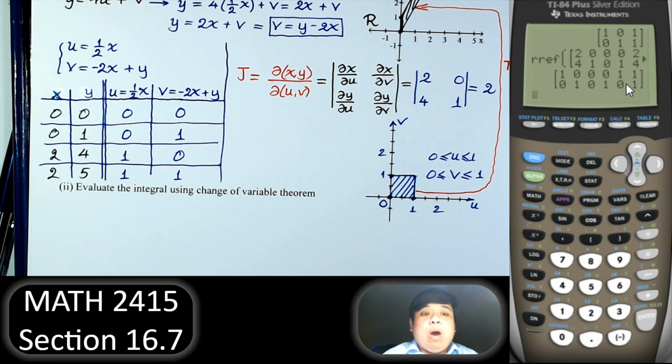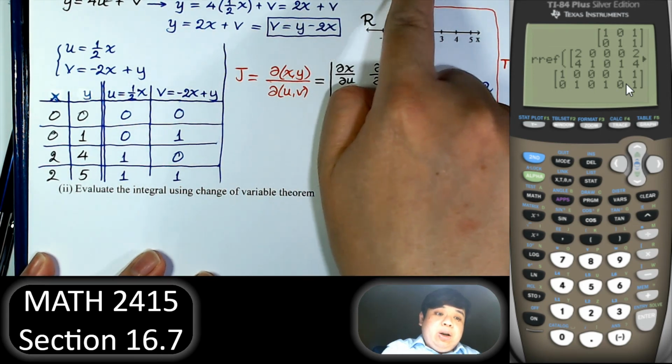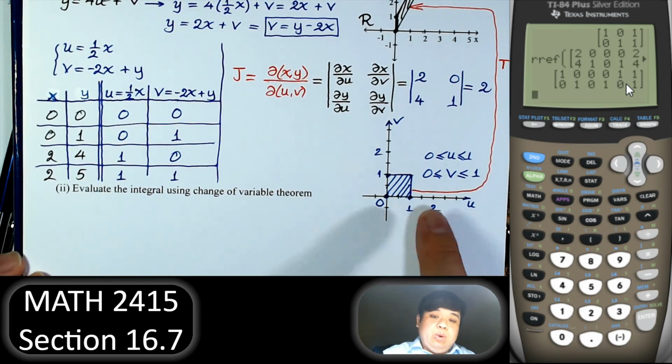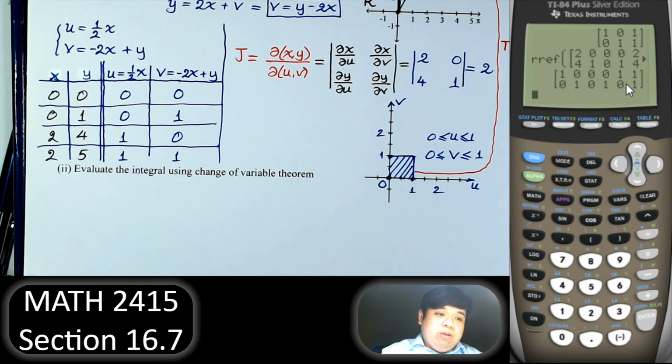So in this problem, what we are given are the image and the transformation. We just need to find the pre-image because we need to write that in the change of variable theorem.